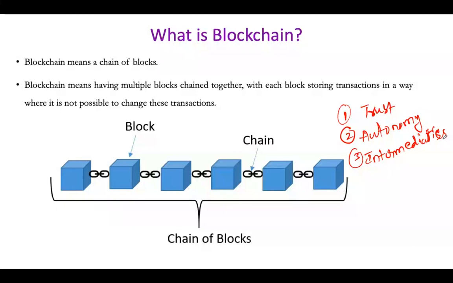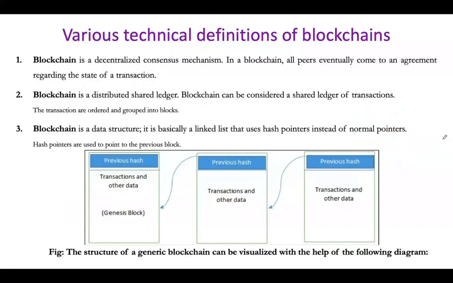So blockchain is heavily dependent on cryptography technologies, as we discussed in the previous sections. Let us see the various technical definitions of blockchain technology. The first one is that blockchain is a decentralized consensus mechanism.